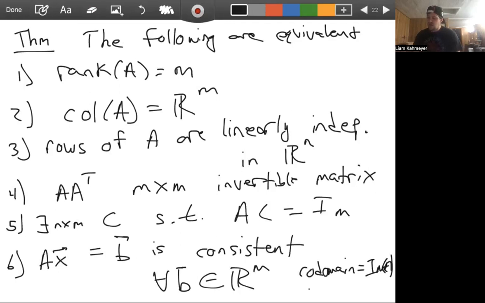So basically what it's saying is every vector B in Rm, every point in Rm, is being hit under this map by some vector X. Again, if the surjectivity thing sounded a little confusing, that's fine because we'll define that and discuss it more rigorously later.